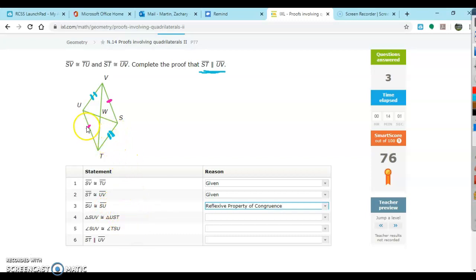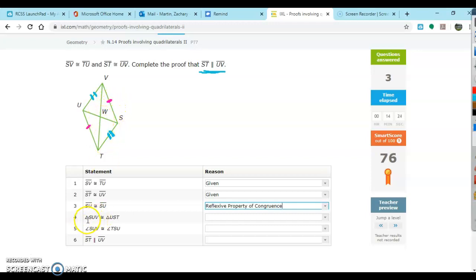Well, take a look here. We've got SU is equal to SU, and then I've got side, side, angle, or angle, side, side. Well, I don't know about that. What's going on here? What can we use to prove that these triangles are congruent? So let's take a quick look here. We've got side, side, side.